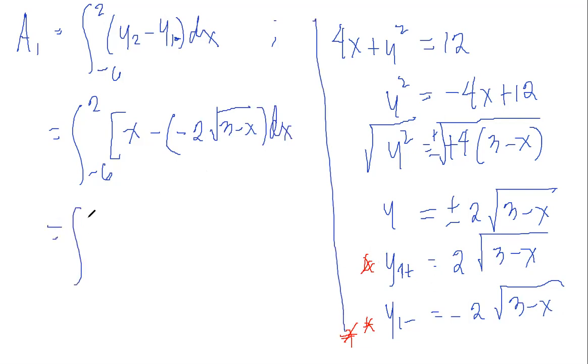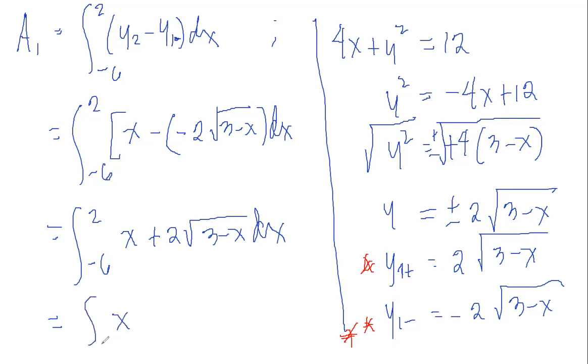And let's simplify. So the integral from -6 to 2 of x minus, or plus, 2 times the square root of 3 minus x dx. Okay, and here we can distribute the integral notation, since this one is easier to integrate, while the next term is quite hard to integrate.